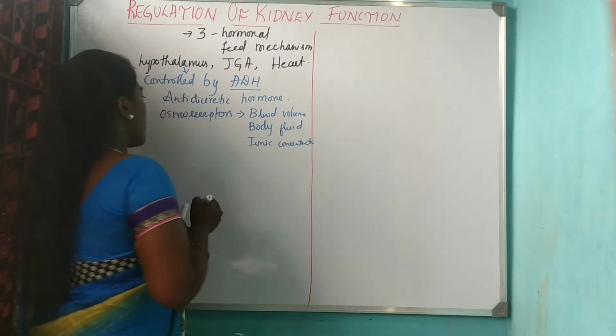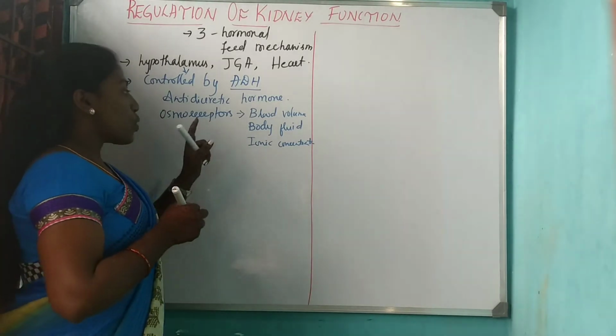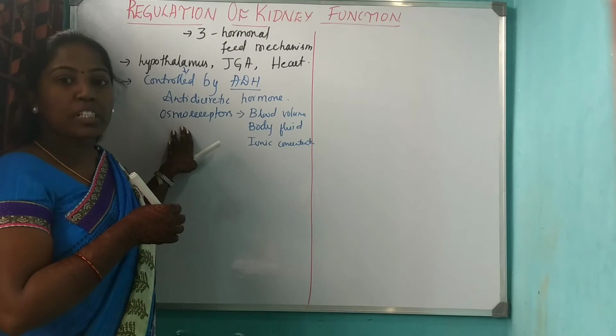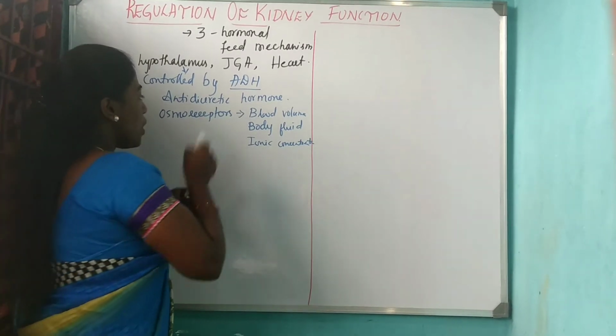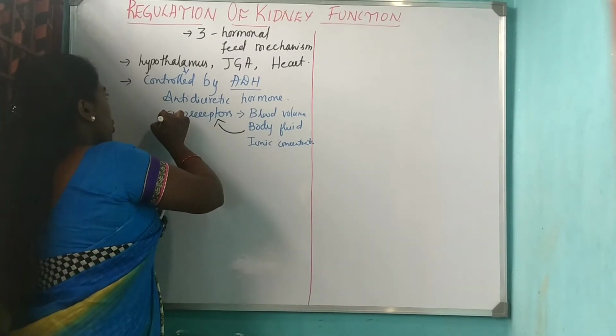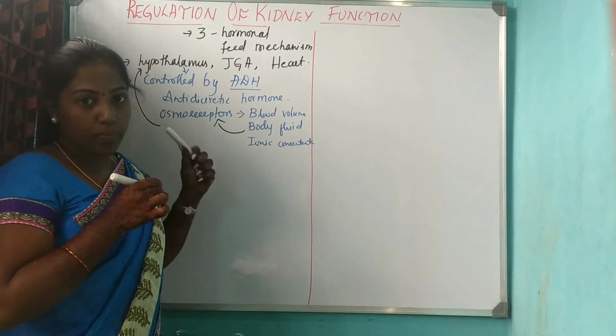Now, we are discussing the functioning of the kidney. If there is a change in the body fluid, the osmoreceptors will get activated. Once the osmoreceptors get activated, this will stimulate the hypothalamus.